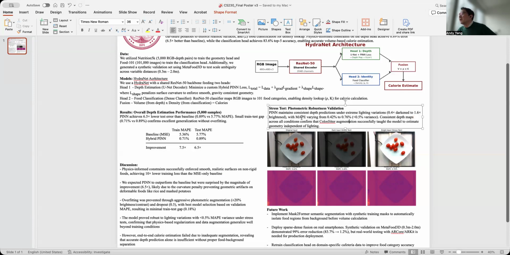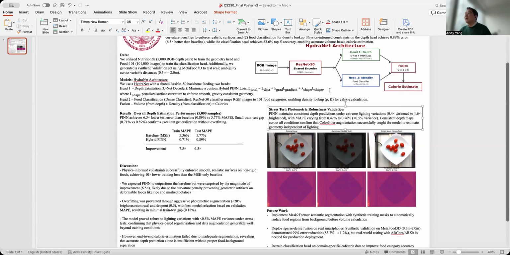I see that the MAPE varies from 0.42% to 0.76%. The original case was 0.42%, the dark one was 0.48%, and the bright one is 0.76%. I think that's a relatively stable error without any spike, so that proves the robustness of this model.